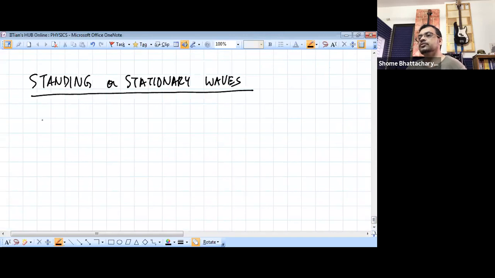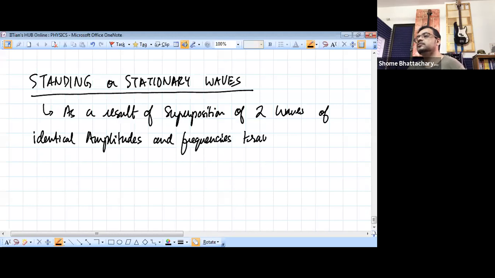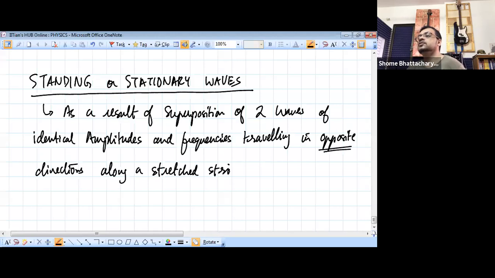So this can happen as a result of superposition of two waves of identical amplitude and frequency, but traveling in opposite directions along a stretched string.